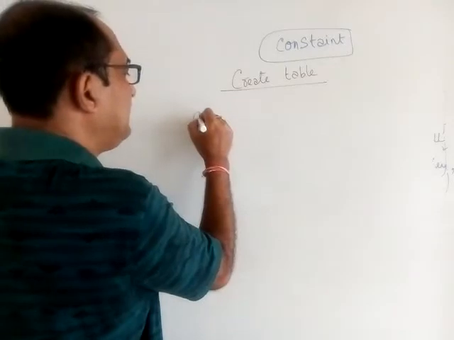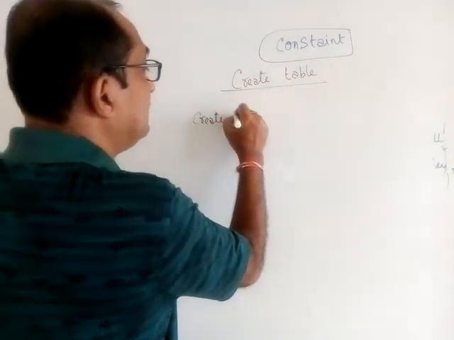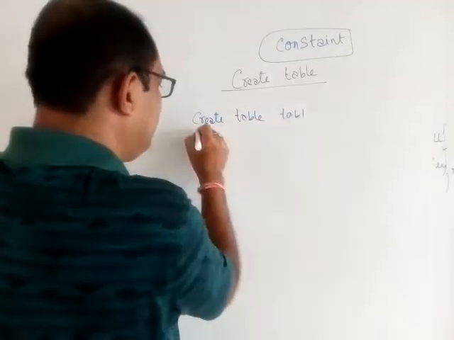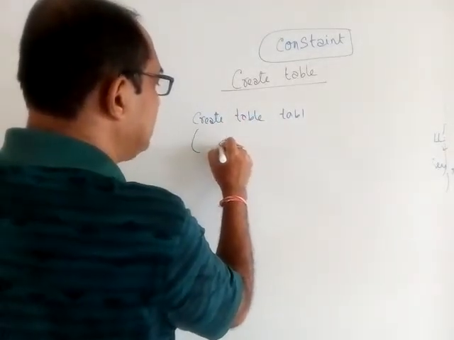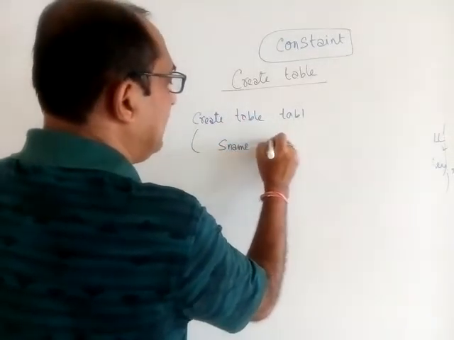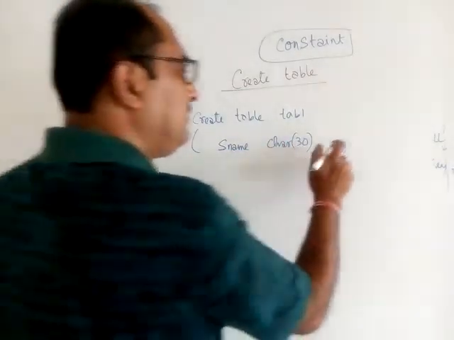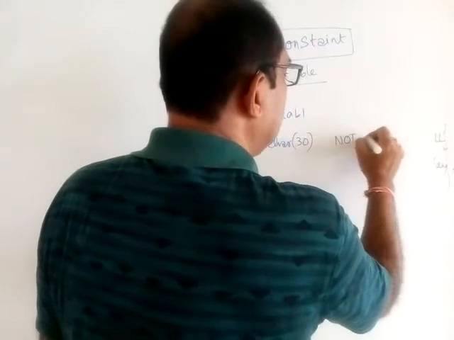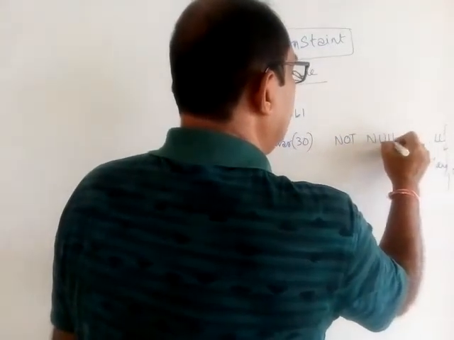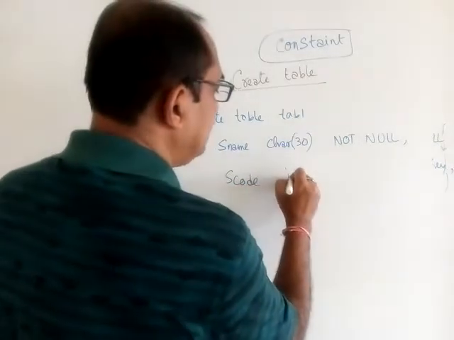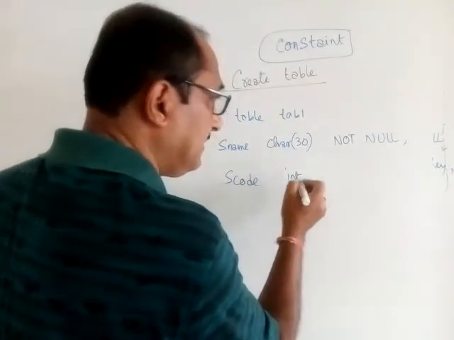For example, I did create table, say tab 1. My first field is say S name and say char 30, and I don't want it to be a null value, so I wrote not null. Fine. Then I took S code. I thought this would be integer data.